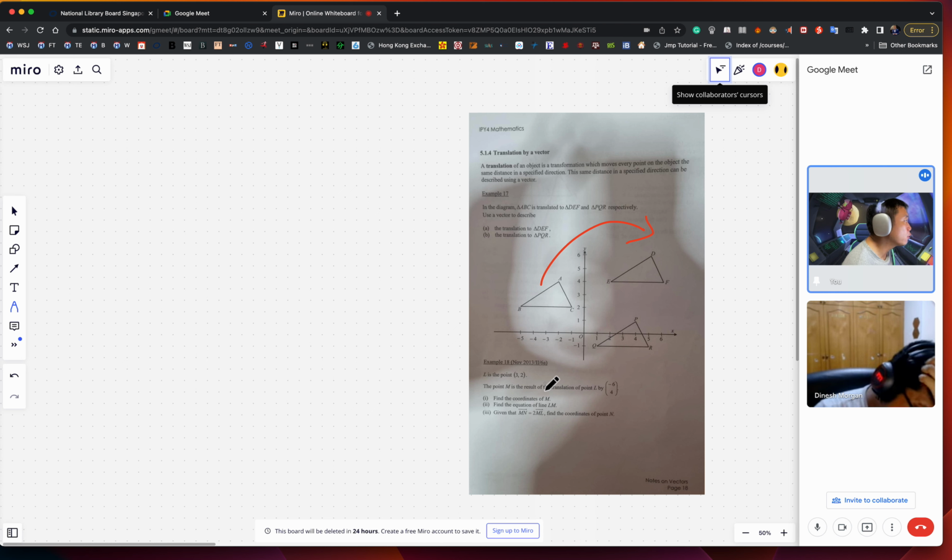I think the example I showed you just now shows how you can relate vectors to coordinate geometry, the Cartesian plane, with the X and Y axis.